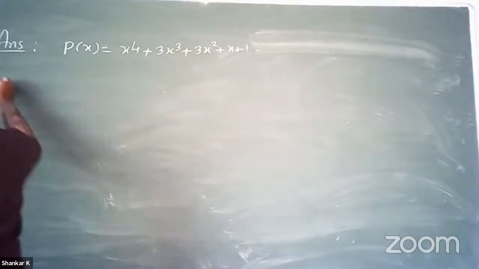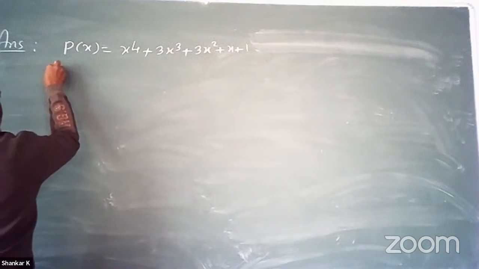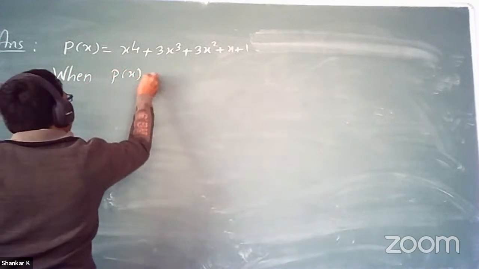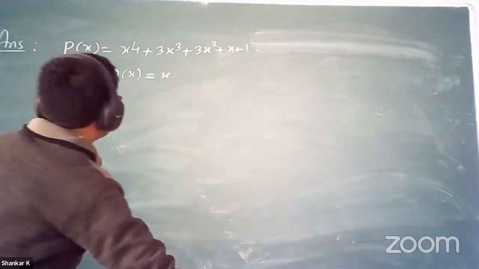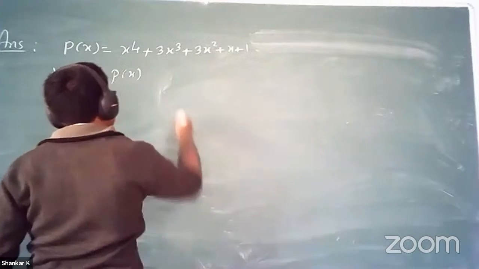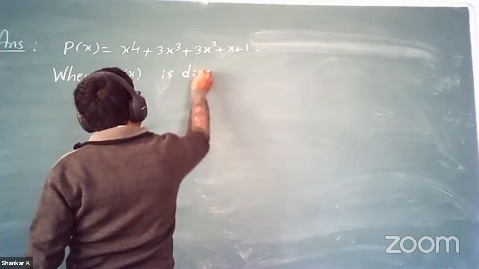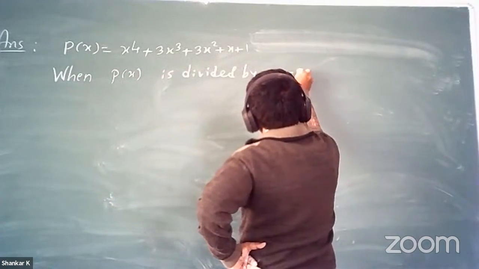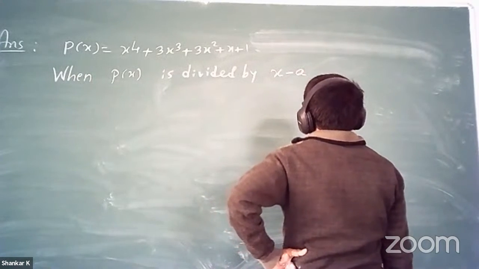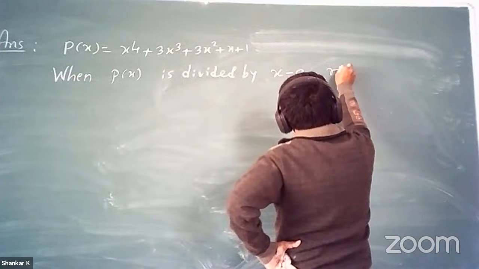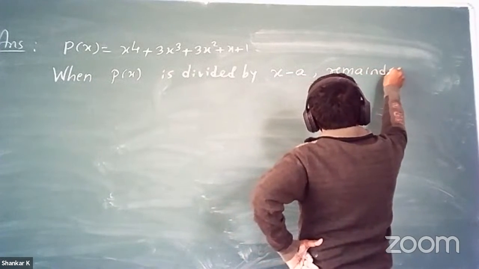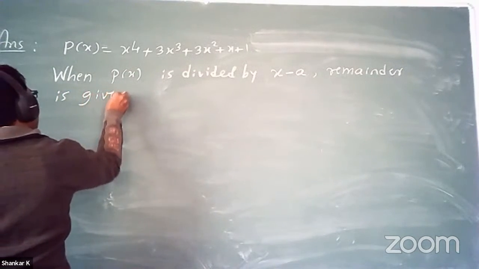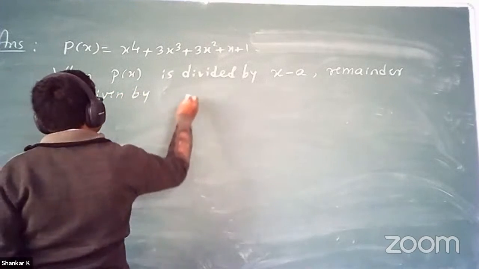When p of x is divided by x minus a, the remainder is given by p of a.